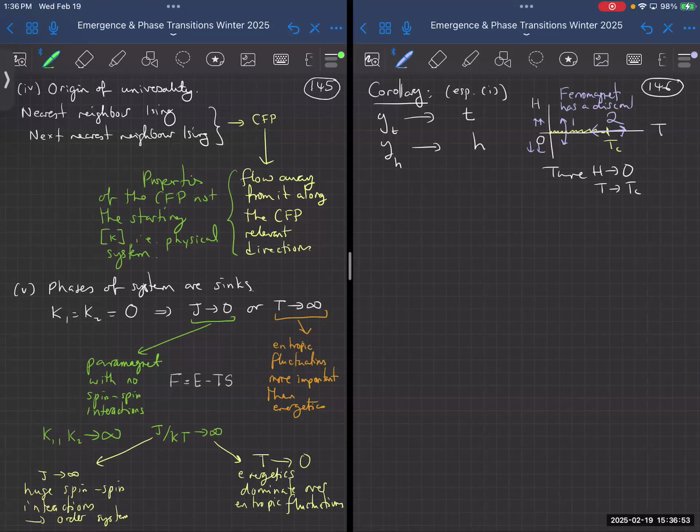This is a first order phase transition. And the renormalization group fixed point associated to the ferromagnetic phase is a so-called discontinuity fixed point.